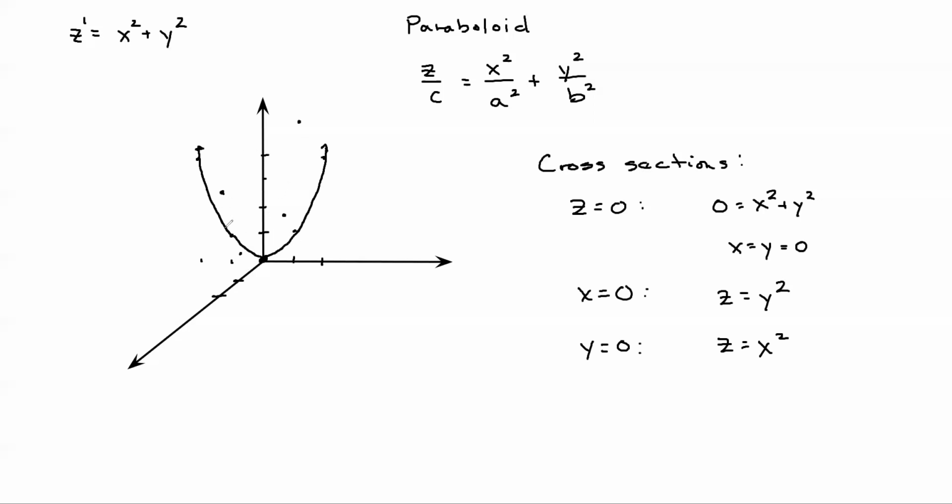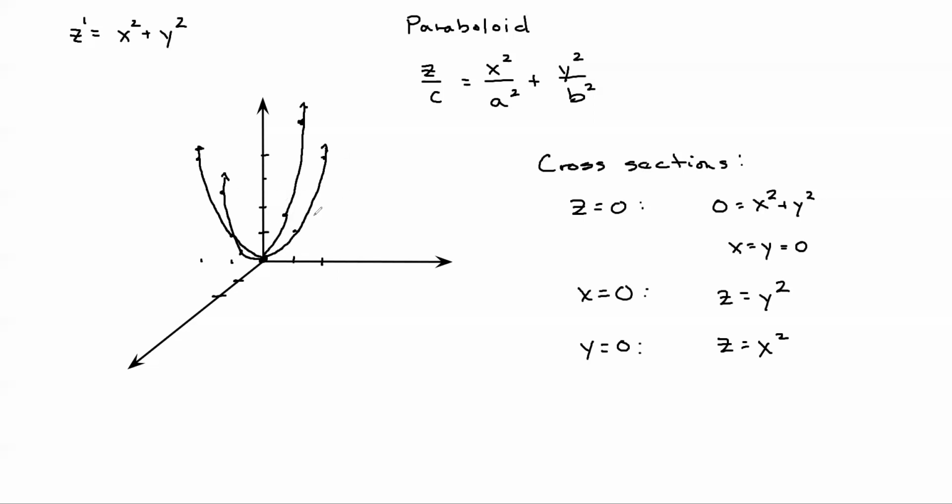Okay, and then that gives us our 5 points. Draw a curve that goes through those points. And so this is what we've got for our picture so far.